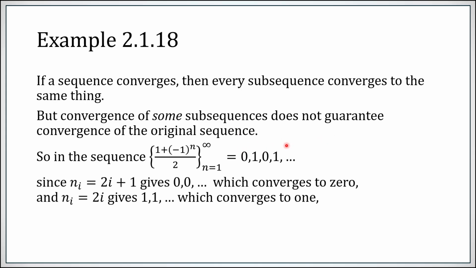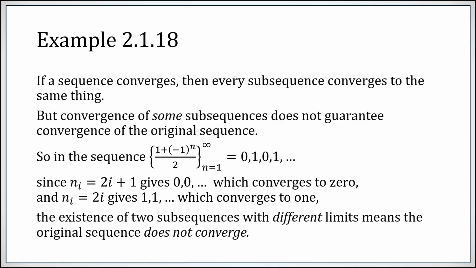Every other term is a 0. So if I look at index 1, index 3, index 5, index 7, and so forth, that gives me 0, 0, 0, 0. That's a constant sequence that converges to 0. But if I look at the indices given by 2, 4, 6, I get 1, 1, 1, 1. So the even index subsequence is constantly 1, converging to 1.